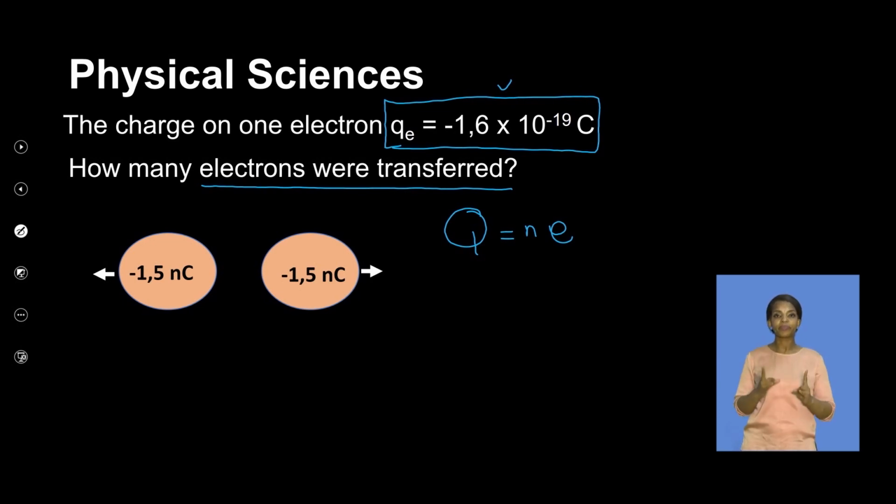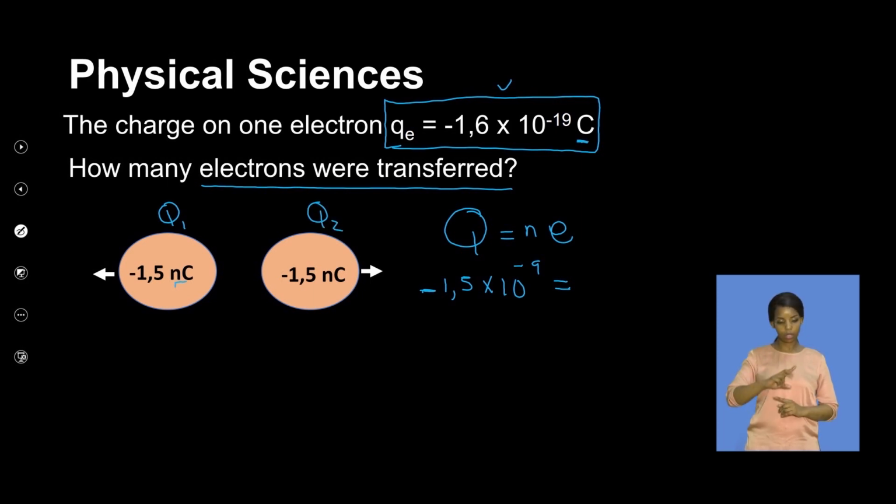So if we talk about Q1 for argument's sake, the number of electrons that Q1 gained. If we ask what's the new charge for Q1? That new charge is negative 1.5 times 10 exponent negative 9. Why are we doing that? Because the elementary charge is in coulombs, while the charge of Q1 is in nanocoulombs. So take note of that.